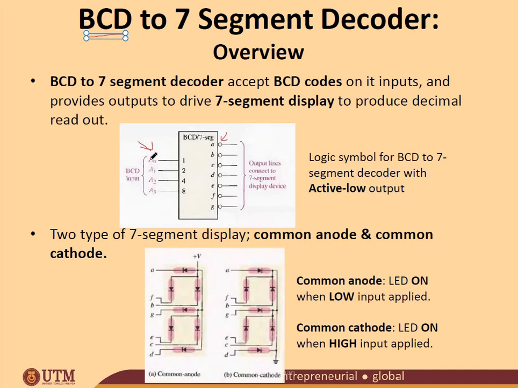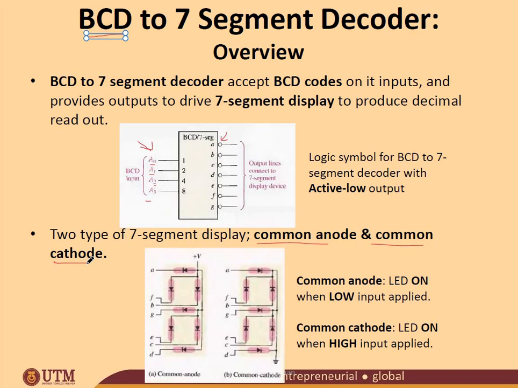So this is your BCD input: A0, A1, A2, A3. And this is your A, B, C, D, E, F, G, which are the locations of the display. There are two types of 7-segment display: common anode and common cathode.